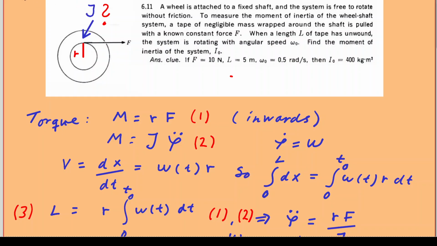It's a constant of the system. So what do we know? R and F are given in the problem. So the torque equation might be interesting here. The torque equals RF, since it's 90 degrees between R and F. So it's just simple RF.